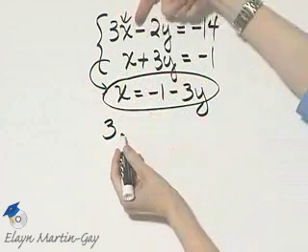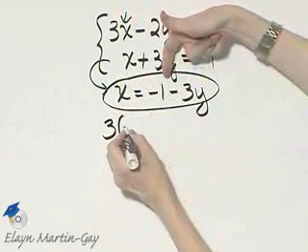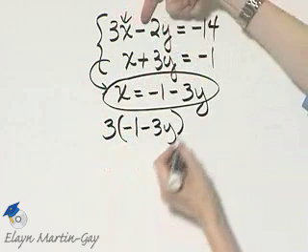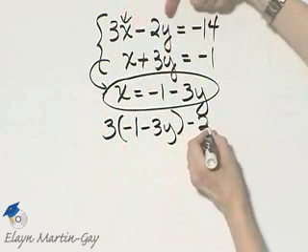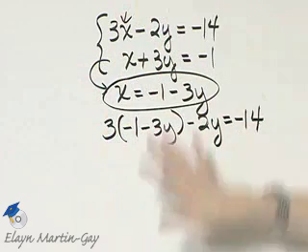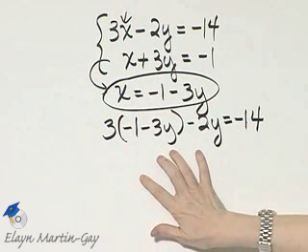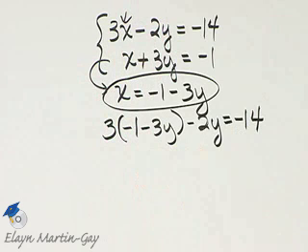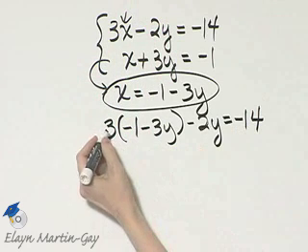So I'll have 3 times, instead of x, I'll write -1 minus 3y, then continue, minus 2y is equal to -14. And notice what we have. We have an equation in a single variable, that variable being y. Let's solve for y.